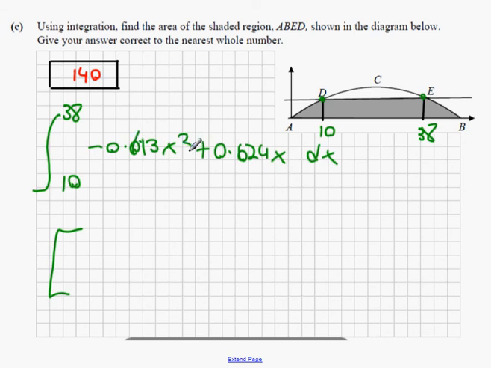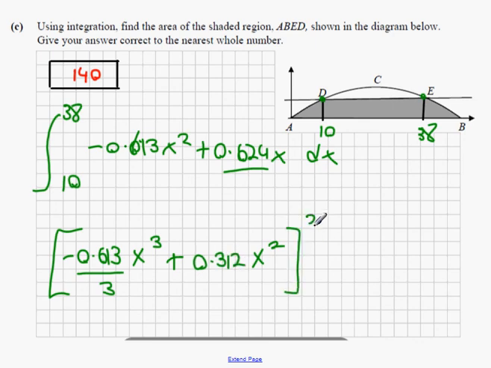Now what we're going to do is multiply, the power goes up by 1. So x cubed, and then it's going to be the old number divided by 3. The bit after that is now going to be x squared, and we divide the old number by 2, which is 0.312.